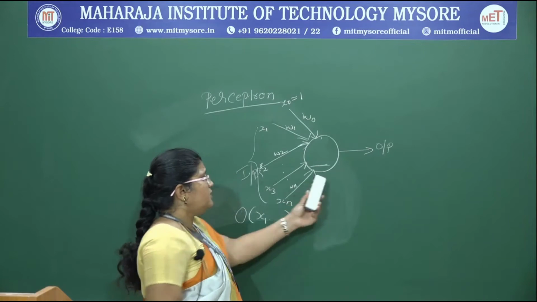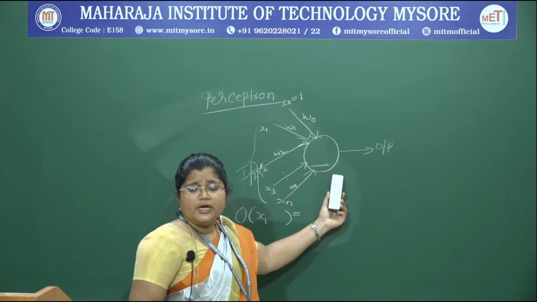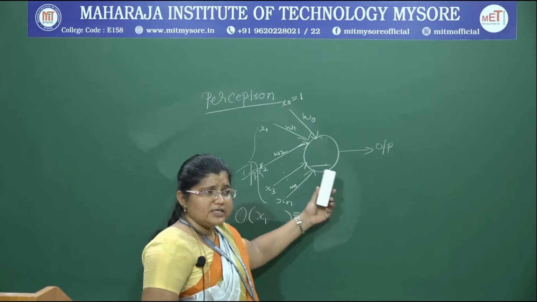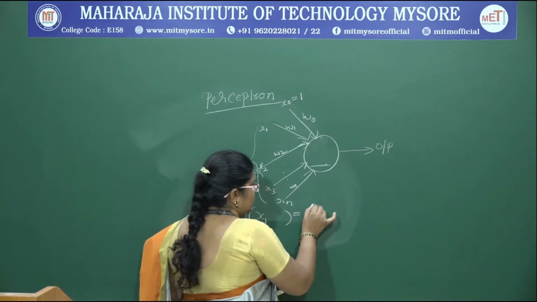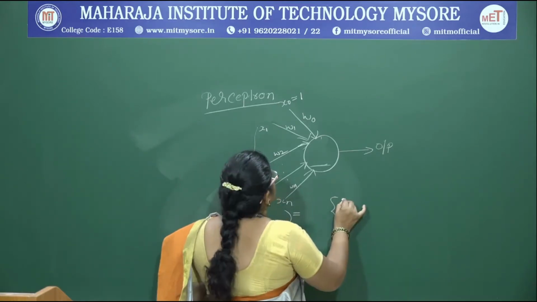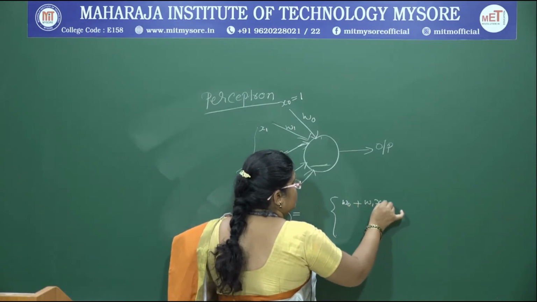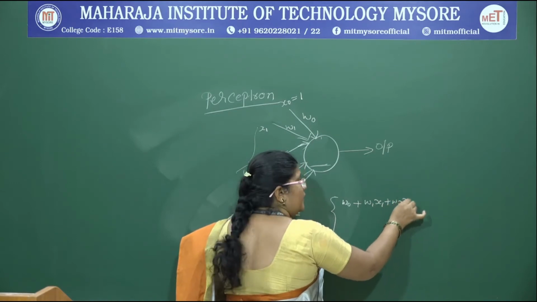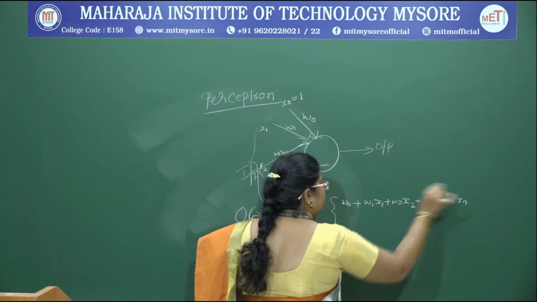So the perceptron is going to perform an activation function. It sums up all the inputs: W0 plus W1 x1 plus W2 x2 plus ... Wn xn.